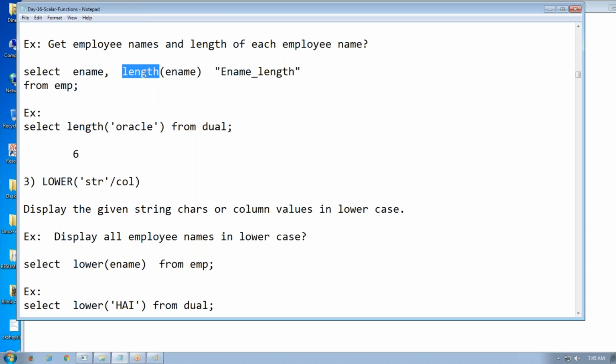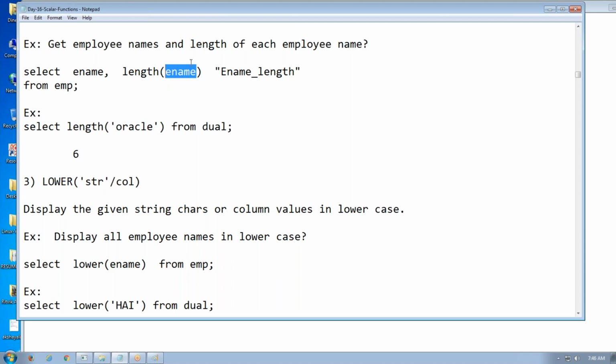Remember, in the character functions, within the brackets, if you are writing a value, the value should be included in single quotes. If you are writing a column name within the brackets, then the column name is not maintained under single quotes.